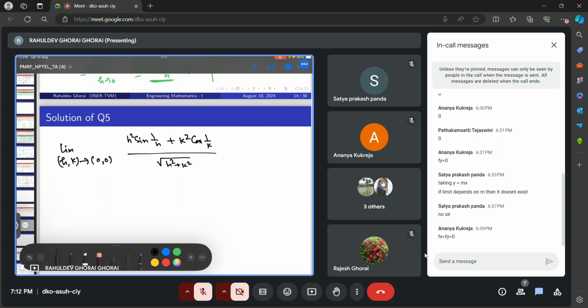First, you can try to guess what the limit will be along different paths, or show that the limit does not exist.